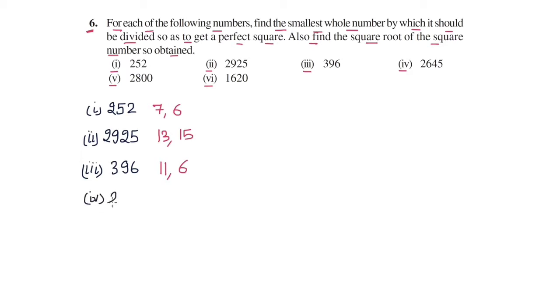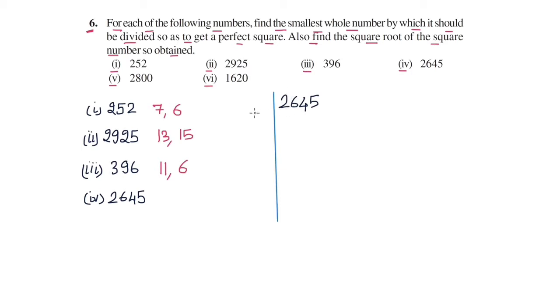In the fourth part we have 2645. We are finding the smallest whole number by which it should be divided so as to get a perfect square. So what was the next step? Yes, we are going to find the prime factorization of 2645.